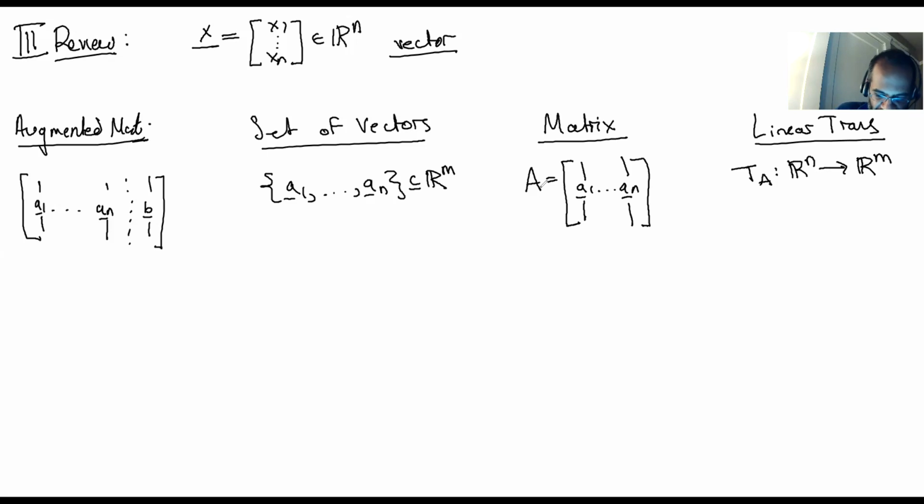And for all these objects, there are ways of converting between them, in a sense, right? So every set of vectors, so I'll use a different color for this, every set of vectors corresponds to a matrix just by putting it in the columns. And every matrix corresponds to a set of vectors by taking out the columns. And the way you do that is by doing matrix multiplication.